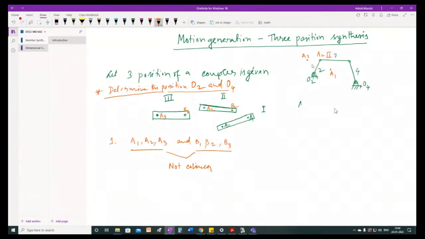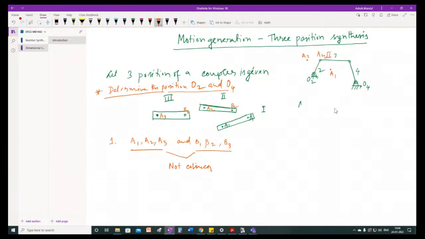Now, for all these points A1, A2, A3, what is the relation with this O2 point? They are at an equal, fixed distance. So A1, A2, A3 must lie on the same circle, the same arc.